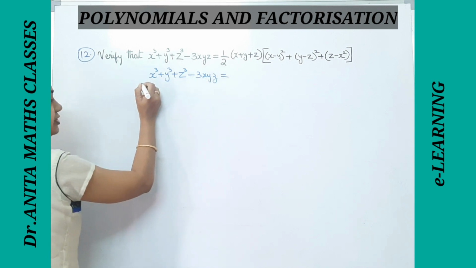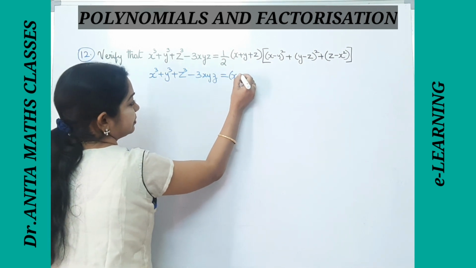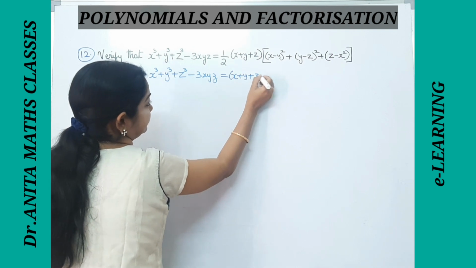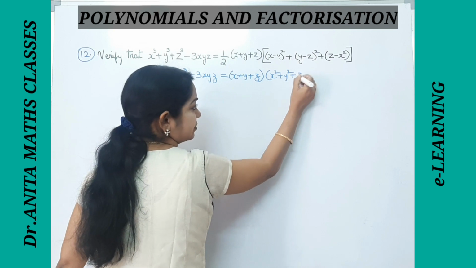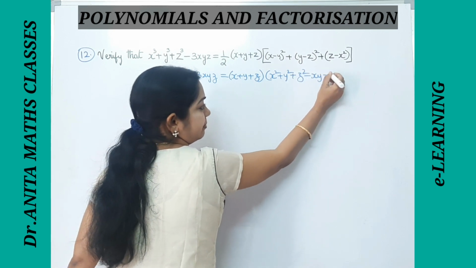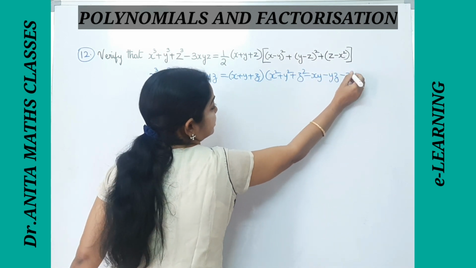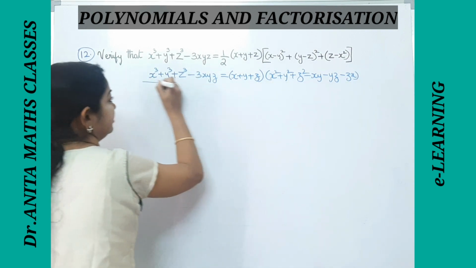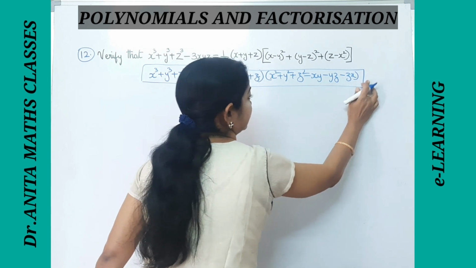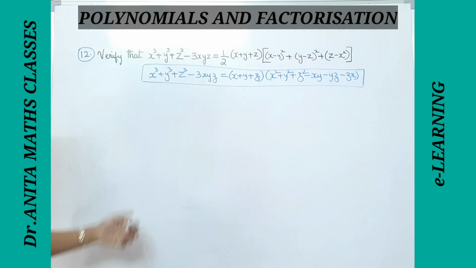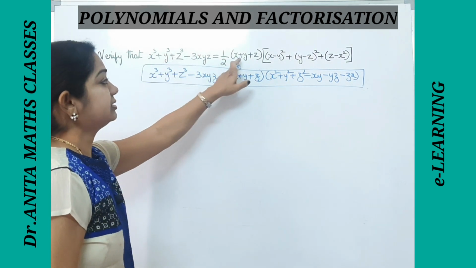This is the identity which was equal to x plus y plus z into x square plus y square plus z square minus xy minus yz and minus zx. Right. This is the algebraic identity. So here what will we do? Then we have to prove this is equal to this.